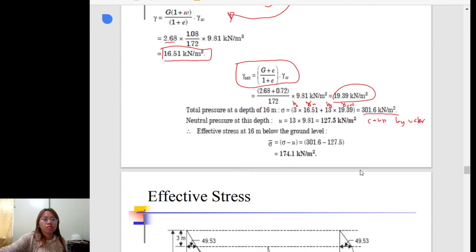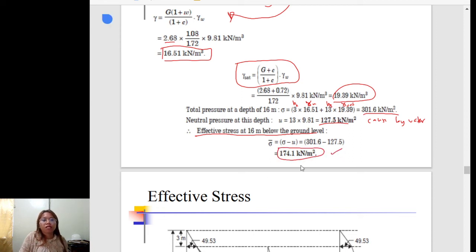So the effective stress at 16 meters below the ground level is the total stress minus the pore water pressure, which is 301.6 minus 127.5. So this is the effective stress answer.